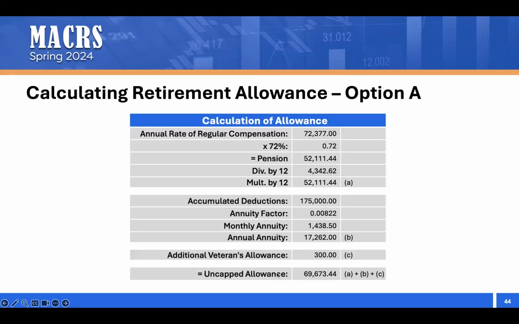So to calculate the allowance under option A, first you're going to calculate the pension portion. So that's 72% of the regular compensation figure, which in this case, after rounding, is $52,111.44. Next, we calculate the annuity under option A. We take the accumulated deductions, or the ASF balance, and multiply it by the appropriate option A annuity factor.